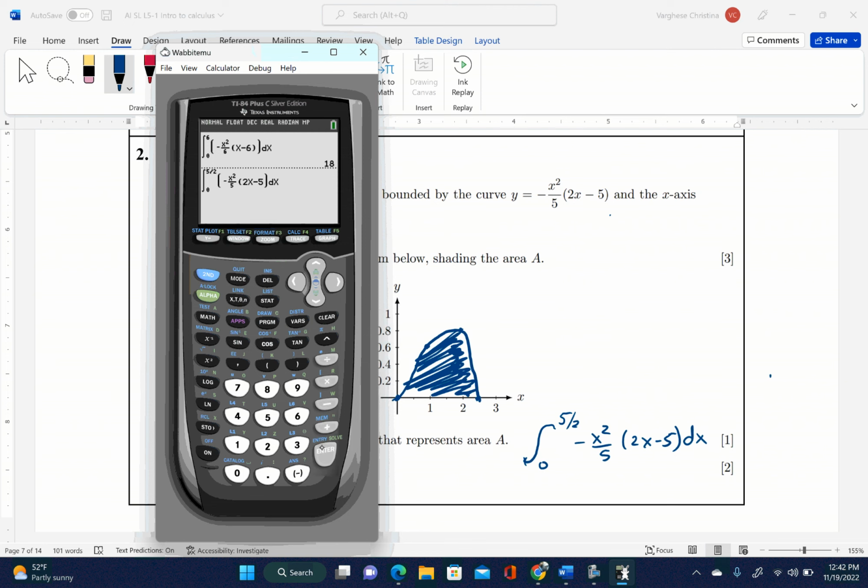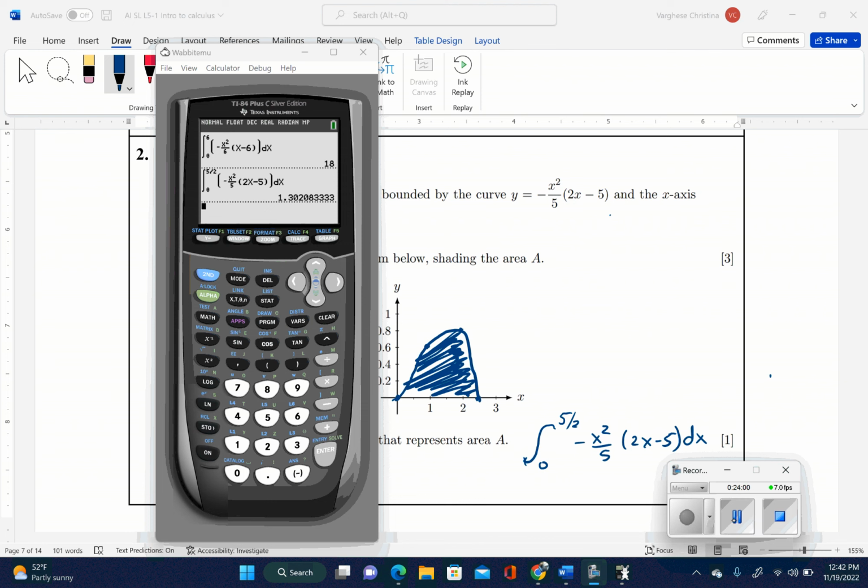All right, put my x here, and then hit enter, and I get this answer right here.